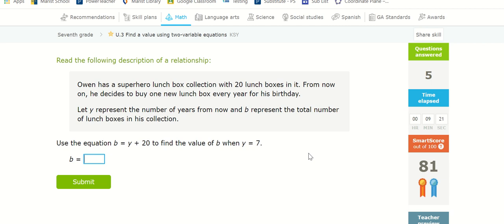Let Y represent the number of years from now, and B represent the total number of lunch boxes in his collection. Use the equation B equals Y plus 20 to find the value of B when Y equals 7. So this is to say in 7 years, how many will he have? 7 plus 20, he'll have 27.